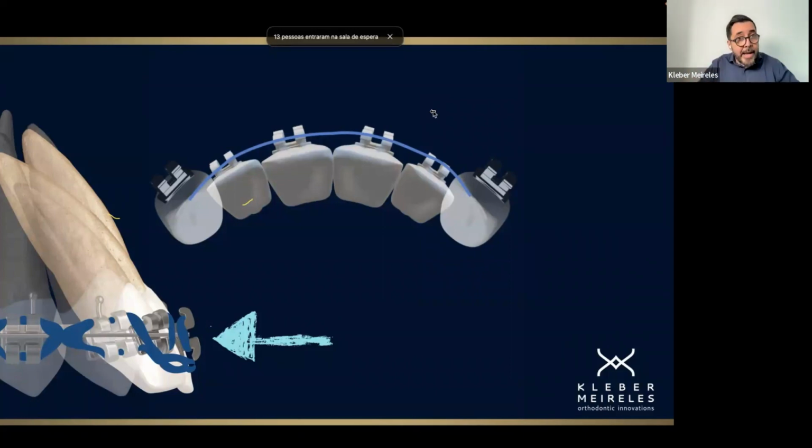But when we want this thing to happen, we don't do that by means of using a power chain ligating in this position. It's not feasible, okay? Yes, our intuition tells us, well, maybe I'm pushing here, but you don't have space. You're not distalizing. You don't have a moment until you have the movement.